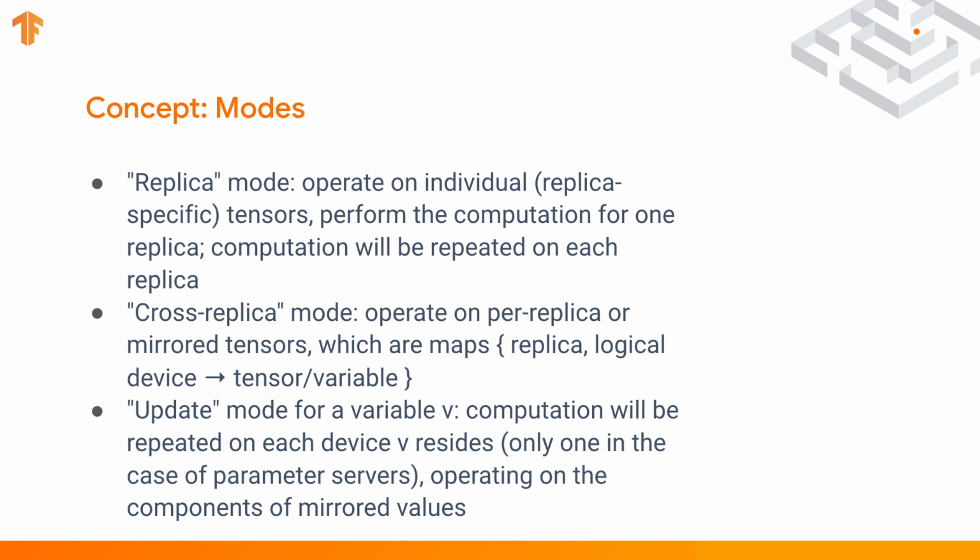We also have an update mode that is going to be used inside the optimizer to update each variable. It's going to run code on whatever devices that variable resides. In parameter server strategy, this will be a single device, but maybe a different device for each variable. Whereas in mirrored strategy, this will run all on the same devices as the computation.